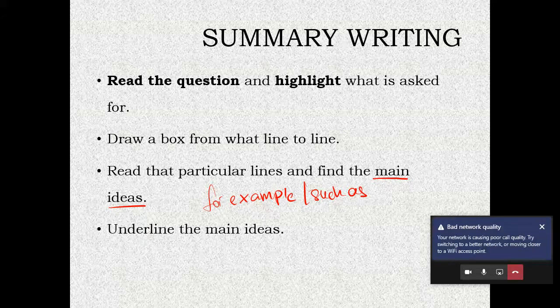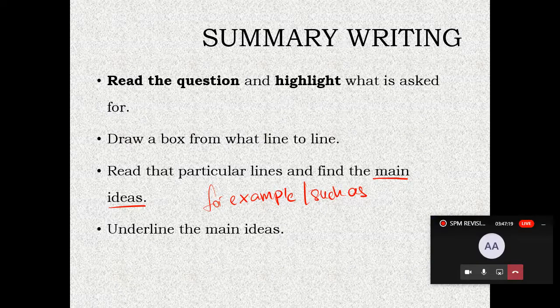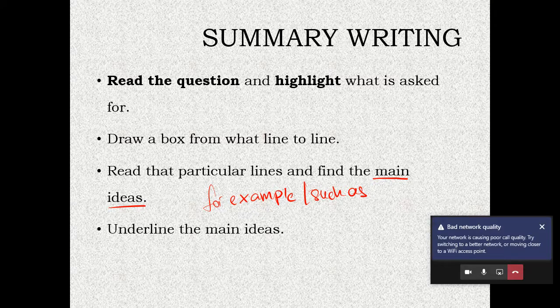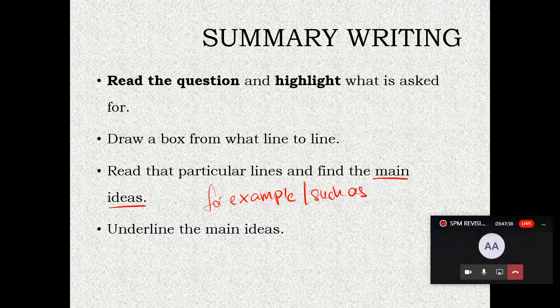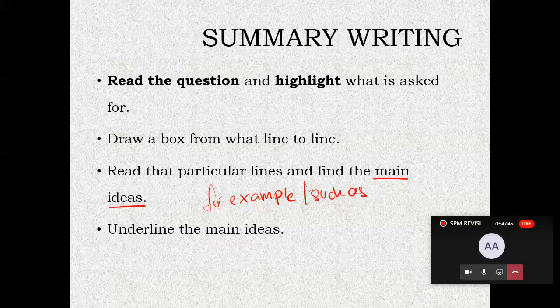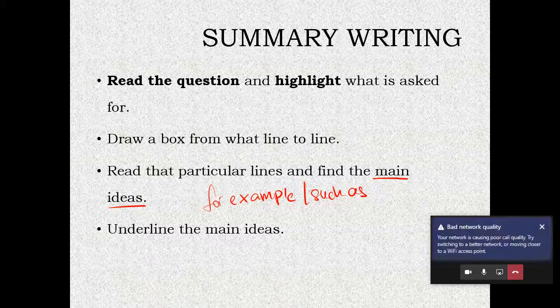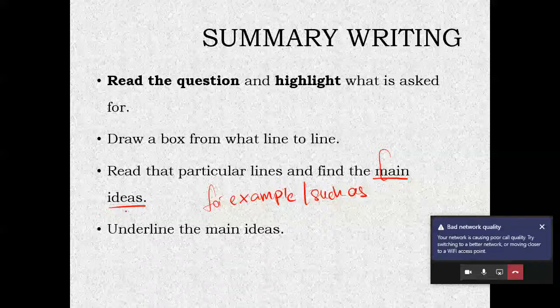For example, in this reading passage about autism, let's say the point is about having educational programs to tailor individual needs. That's the main point. For that main point, you will have a supplementary point, for instance, in Sweden there are educational programs tailored for autism students. That line, in Sweden, is a context, giving an example for the main point. So you do not take that idea. All you need is to focus on the main ideas, and you underline them.